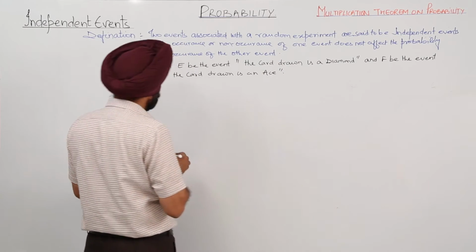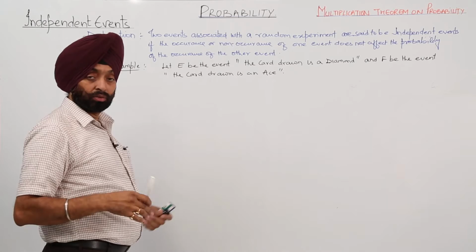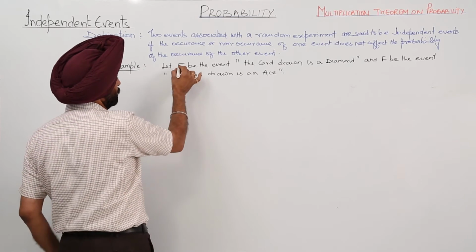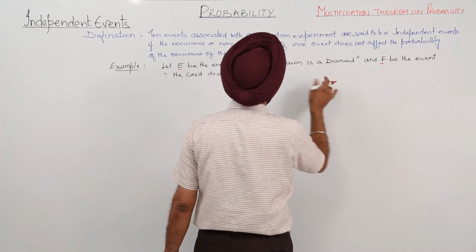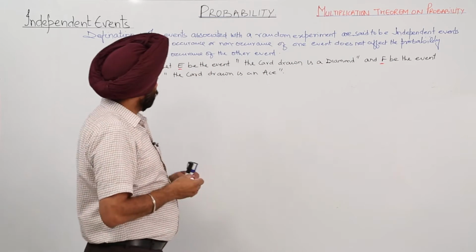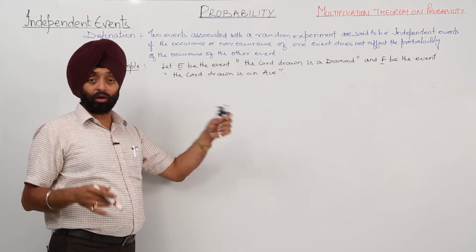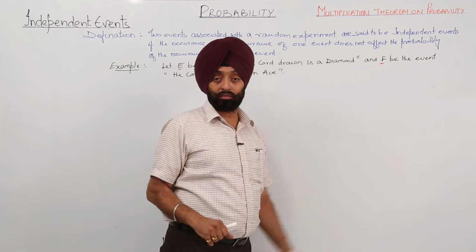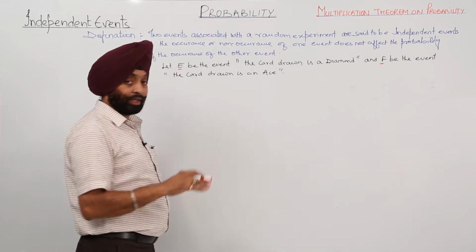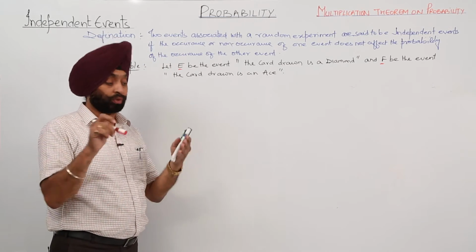So we have two conditions in the example, and the events are E and F. For E, the card drawn is a diamond. How many diamond cards are there? 13. And for F, the card drawn is an ace, and how many ace cards are there? 4 ace cards.